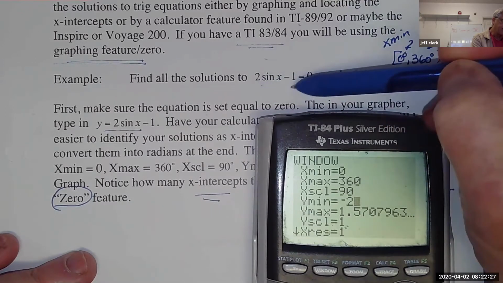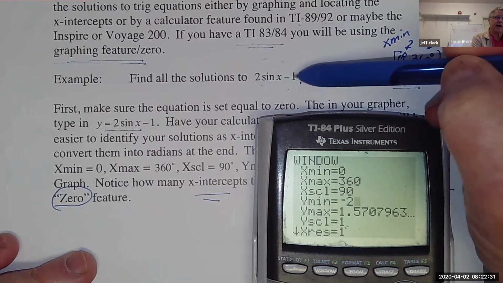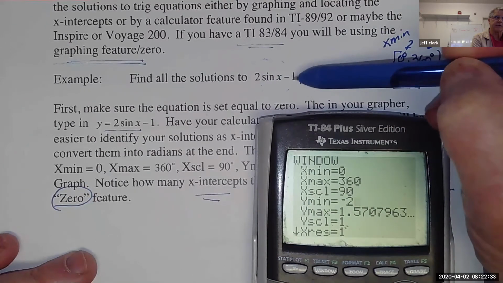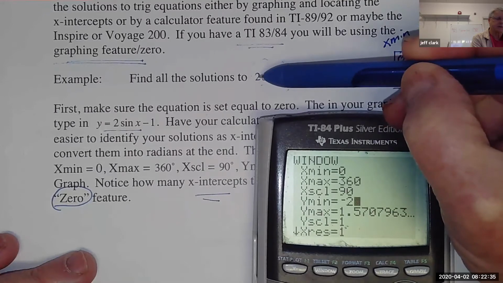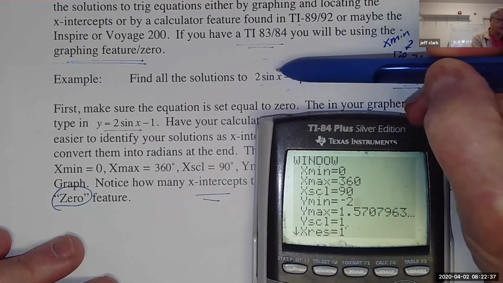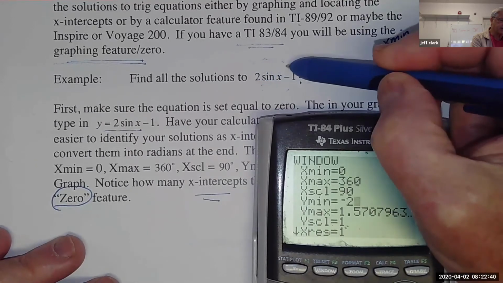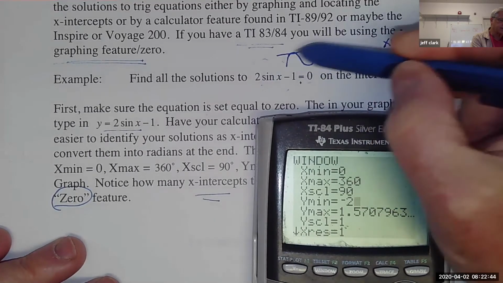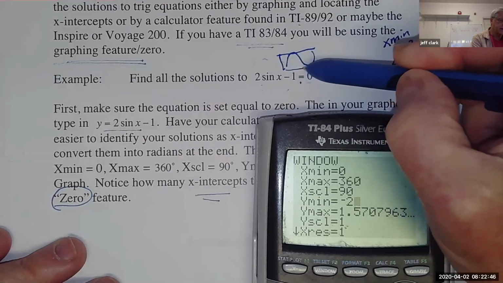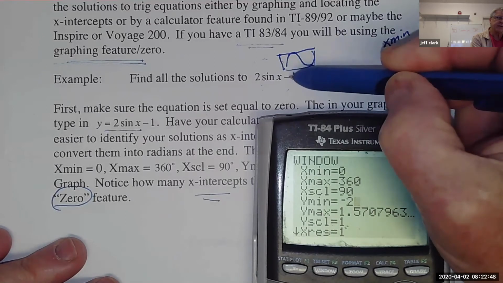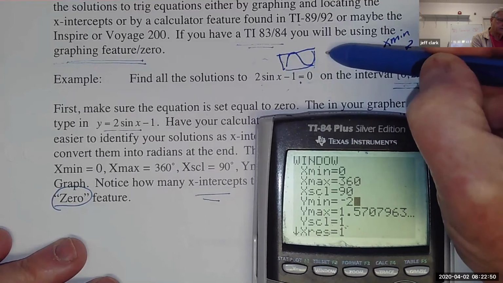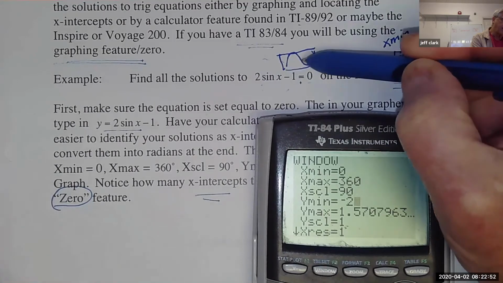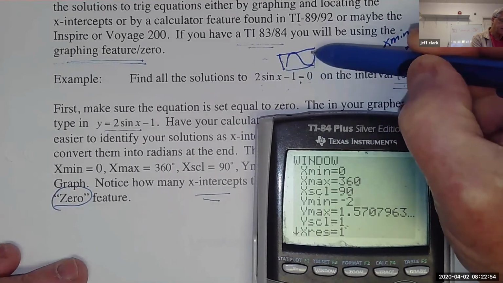This is a transformation and it goes down. Even though you've got an amplitude of 2, which is true, I won't see that nice curve in your graphing calculator screen, because the -1 moves that picture down.